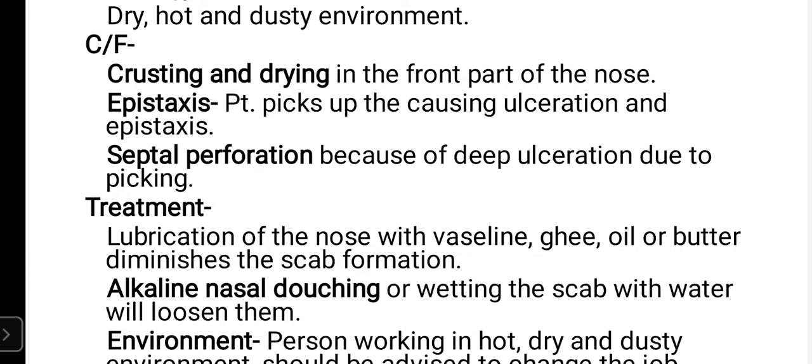Then the second one is alkaline nasal douching. What is alkaline nasal douching? Do you remember?